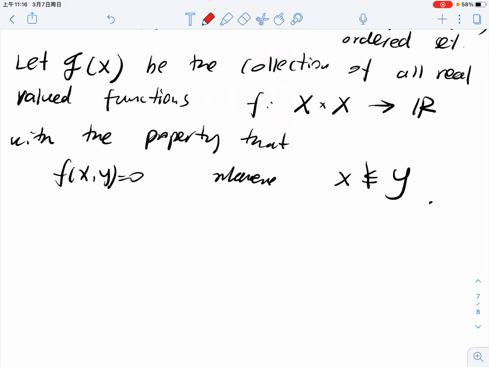So this means f(x,y) is different from 0 only if x is less than or equal to y. So you only assign non-trivial values for the function f when x is less than or equal to y.